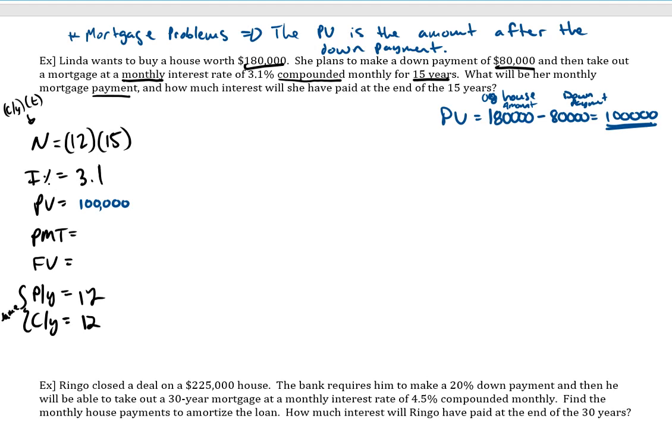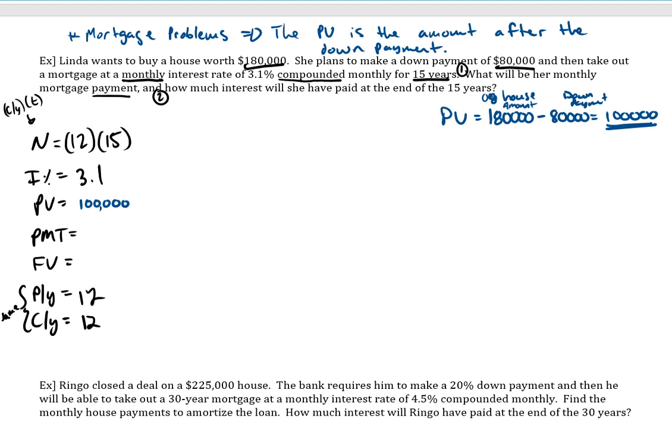And then it says, what will be her monthly mortgage payments and how much interest will she have paid at the end of the 15 years? All right, well, let's break it down. What will be her monthly mortgage payment? Let's say that that's our number one thing. And then number 2 is how much interest will she have paid.